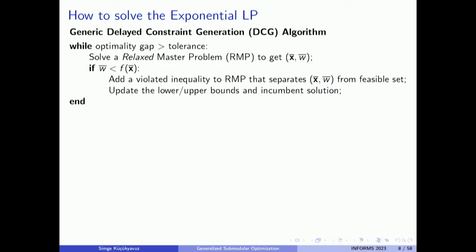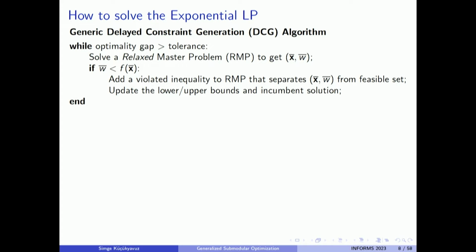You generate a few of these permutations and valid inequalities, maybe none to start with. That gives us what we call a relaxed master problem. Get an x bar and w bar. So w bar is an estimate of your objective function value, and x bar is a potentially fractional solution, because we're solving linear programs now.